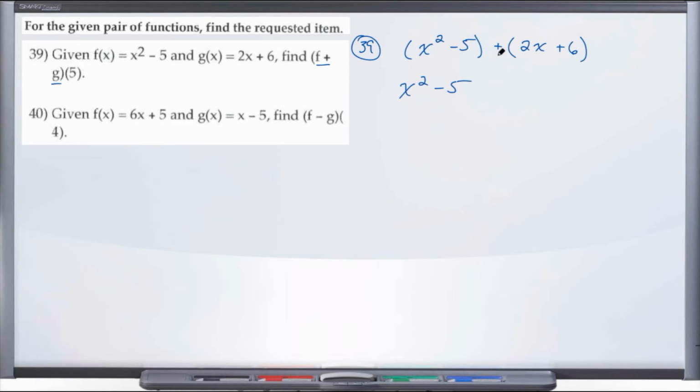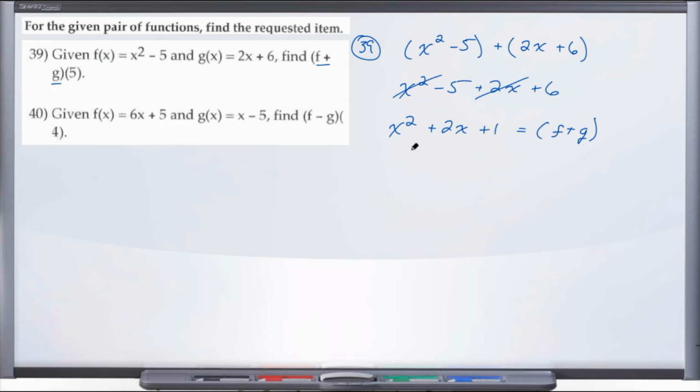So x squared minus 5 plus 2x plus 6. And combining like terms, we have an x squared and a plus 2x, and then negative 5 plus 6 is plus 1. And so this expression here is f plus g.